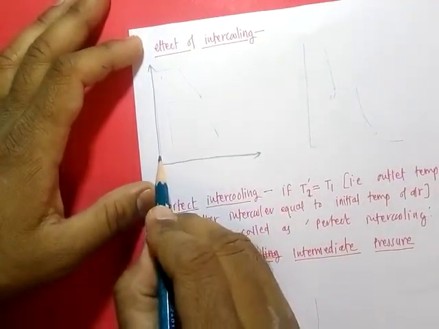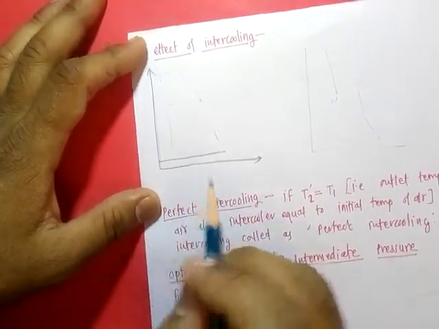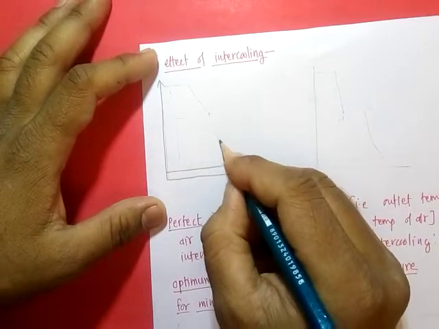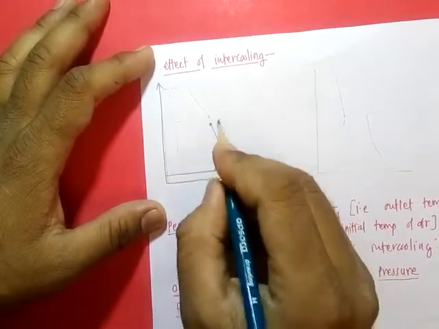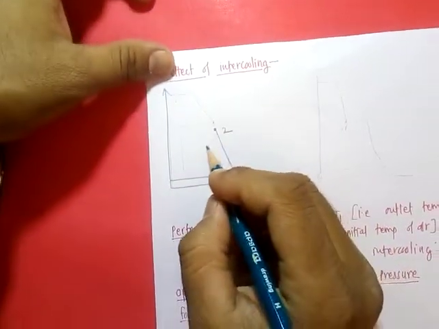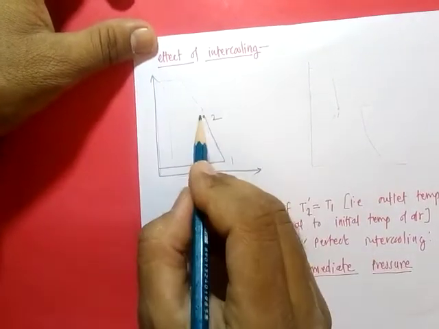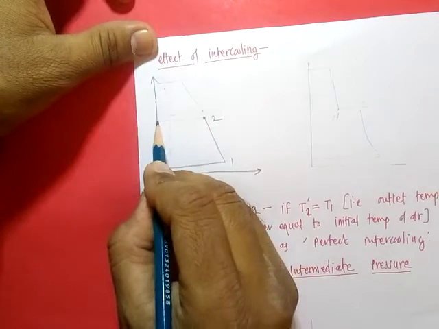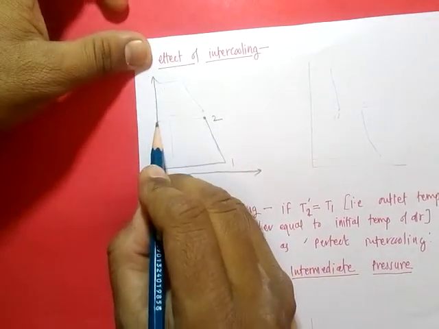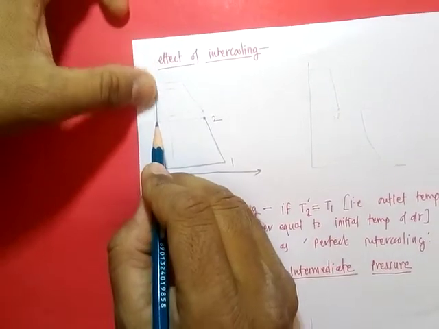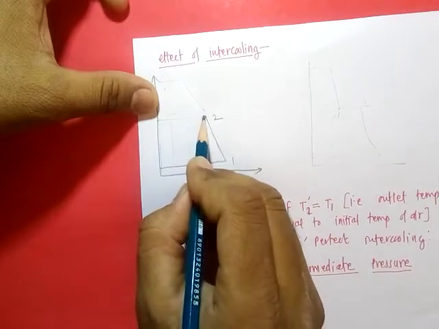Suppose we are using a multi-stage compressor. From the first stage of compression, from 1 to some intermediate pressure, we are delivering this air to point 3 here. Then, as there is no clearance, the total amount of air is delivered to the next stage.